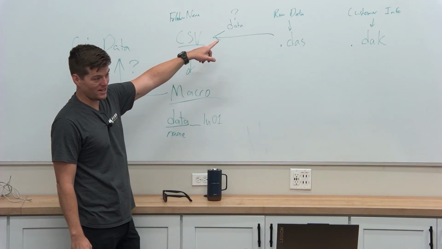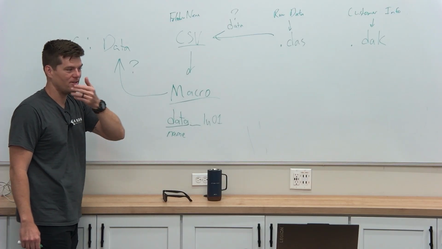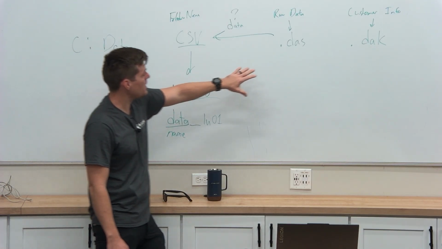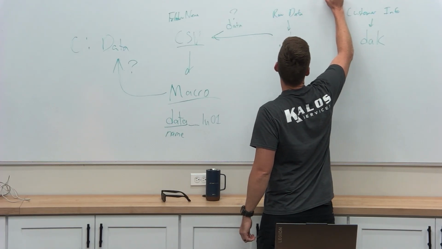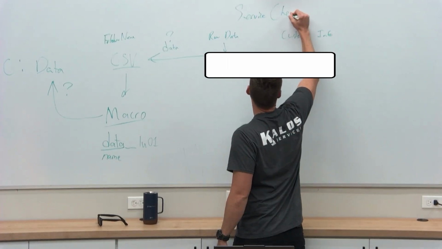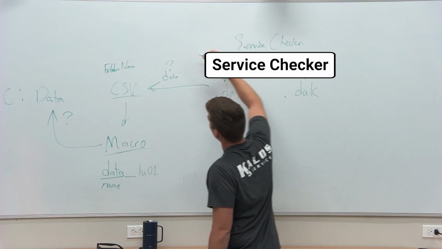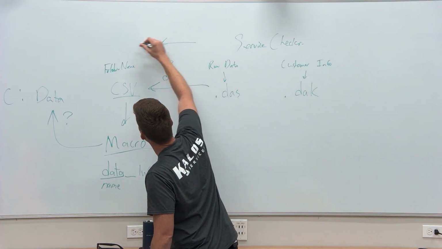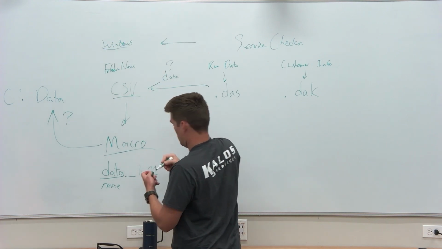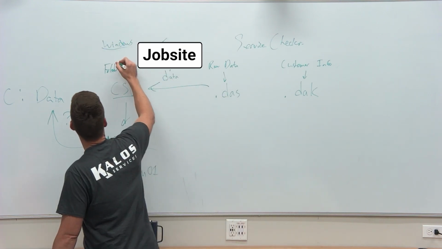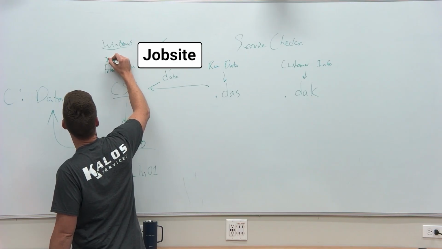You have no idea what it is, what job site it's for. So when you're going from service checker over here to Windows, you're going to want to make sure that you put it in the file name for the job site that it's supposed to be for.